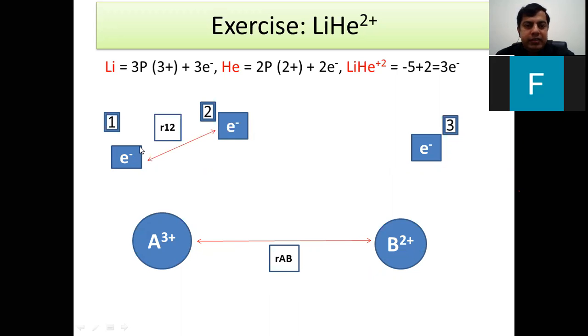The second repulsion is here. This is the repulsion between electron 1 and electron 2, and this R indicates the distance between electron 1 and 2. That's why it is written R1,2. And similarly, you can put over here the distance between these two electrons, which are labeled 2 and 3. That's why it is written R2,3.